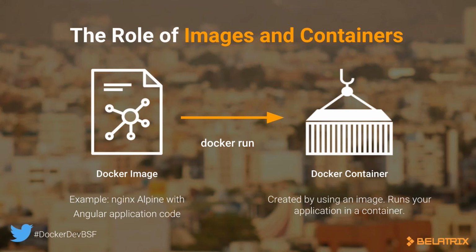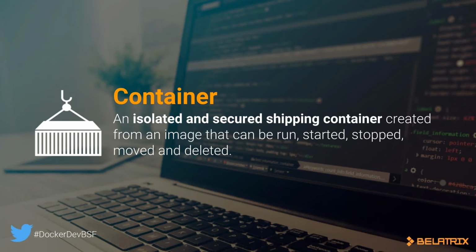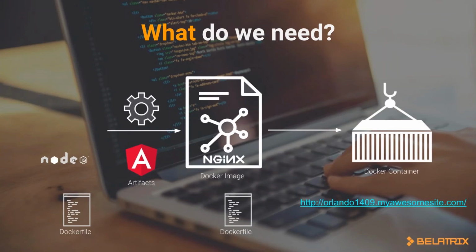And the other concept we need to learn is what a Docker image is. Basically, an image is the template of a container. An image doesn't run. In fact, an image contains a set of instructions that are necessary to build and run a Docker container.